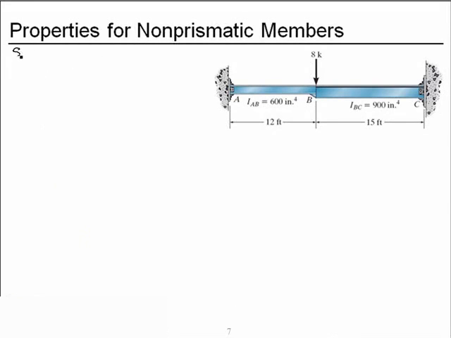And step 5. Now it's time to apply equilibrium to the conjugate beam. Here's what's going to help us out in this process.